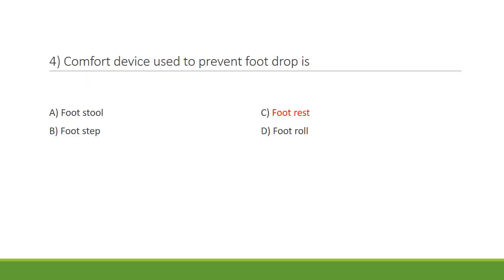Next question is comfort device used to prevent foot drop is. Options: A footstool, B footstep, C footrest, and D foot roll. Correct answer is footrest.